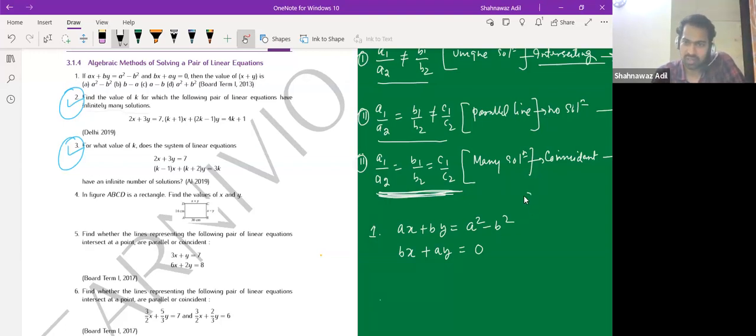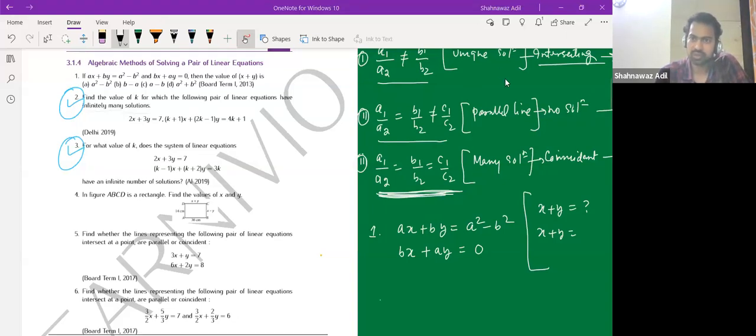Hashit has already calculated the answer. So we have to find out the value of x plus y. Hashit got minus a, am I right? Yes.